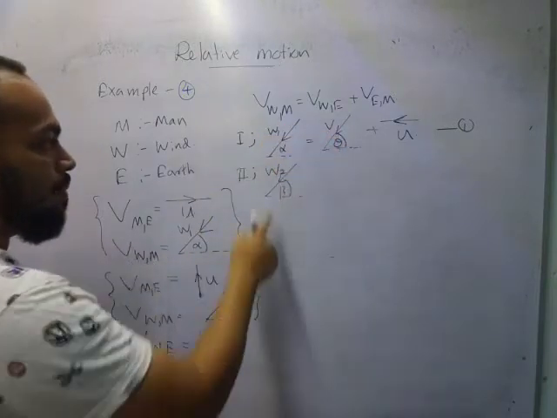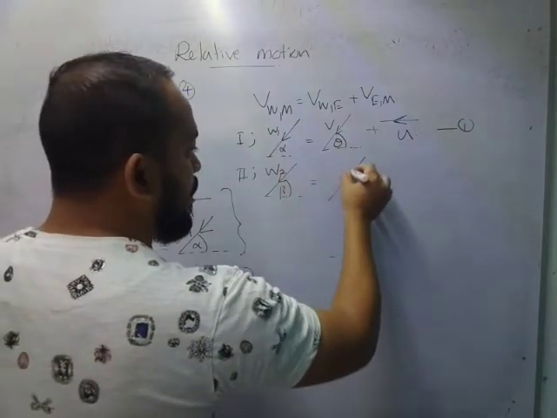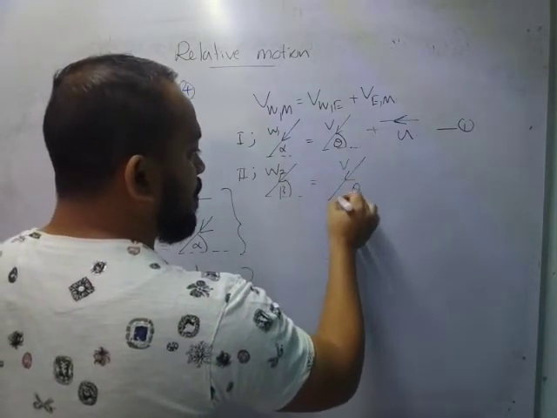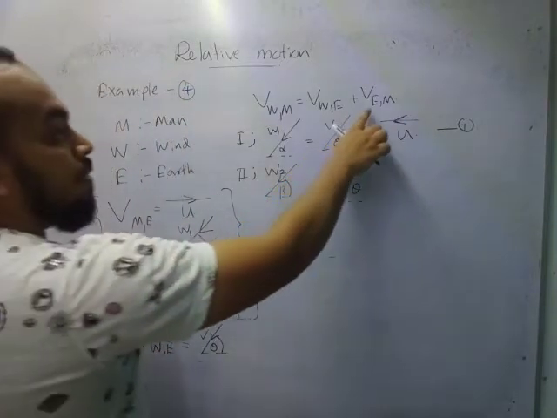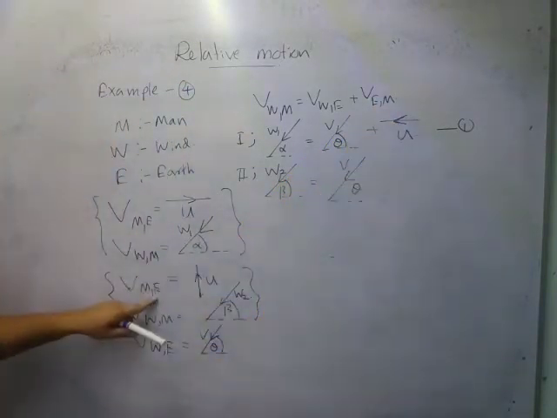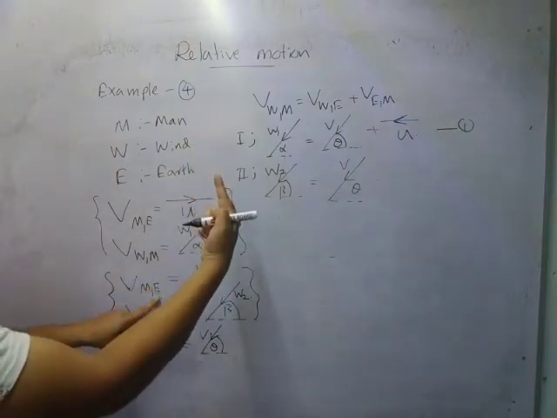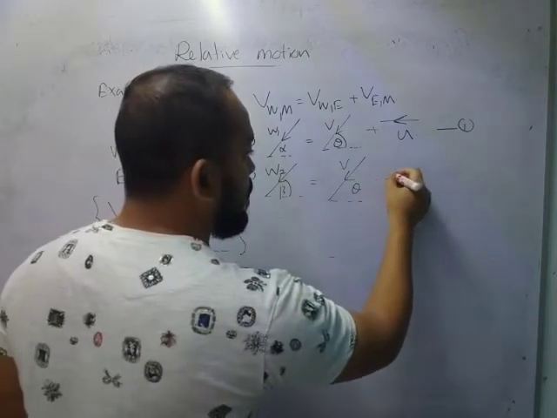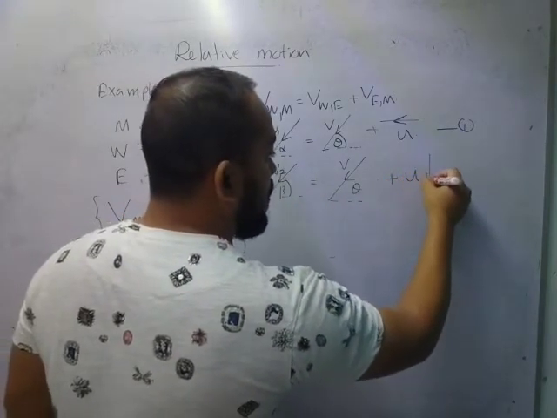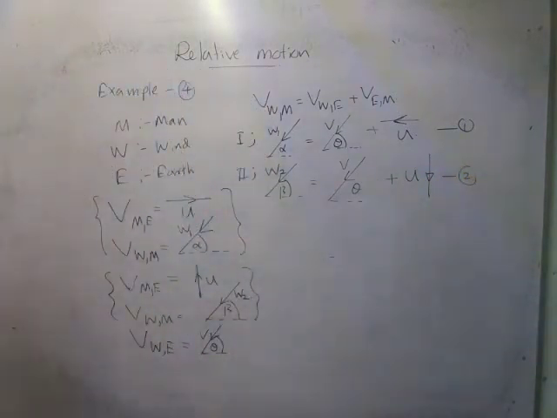The true velocity is the same, V theta. Then velocity of earth relative to man: in this case velocity of man relative to earth is in this direction, so velocity of earth relative to man should be in the other direction. Mark that. That's what happens. Now what do we do?